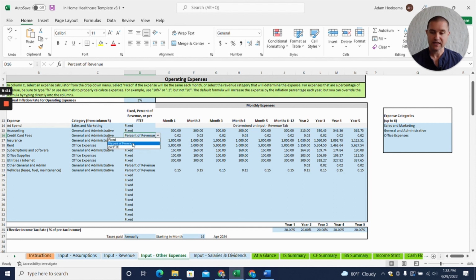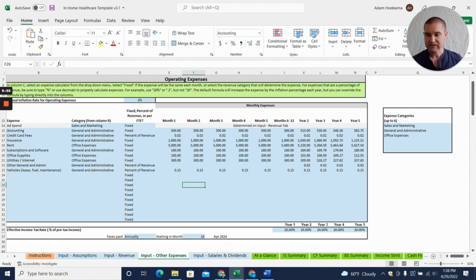That might be 2% of revenue. So if we select percent of revenue as 0.02 or 2%, that would then calculate a credit card fee expense line item for you there. And then you can also have expenses as a per FTE, per full-time equivalent employee. And that would mean that these are expenses that are tied directly to each employee that you add. You would increase that particular expense by that amount.